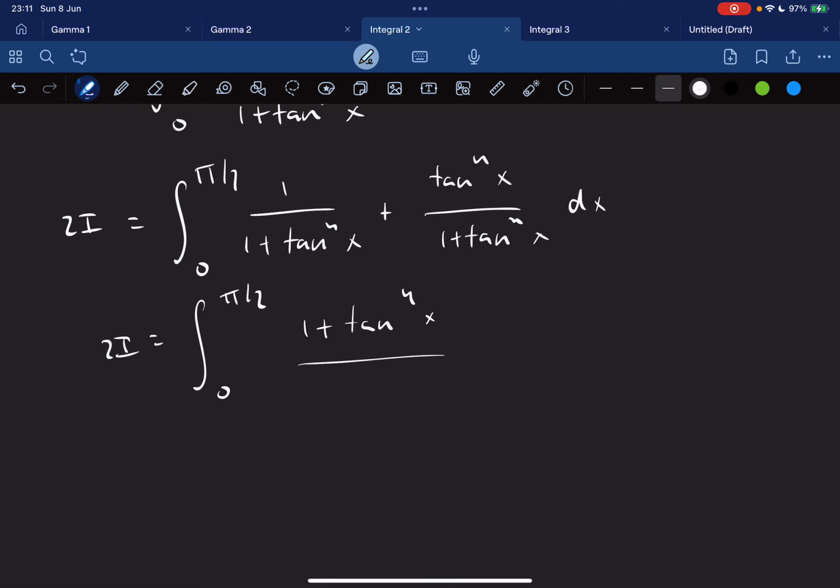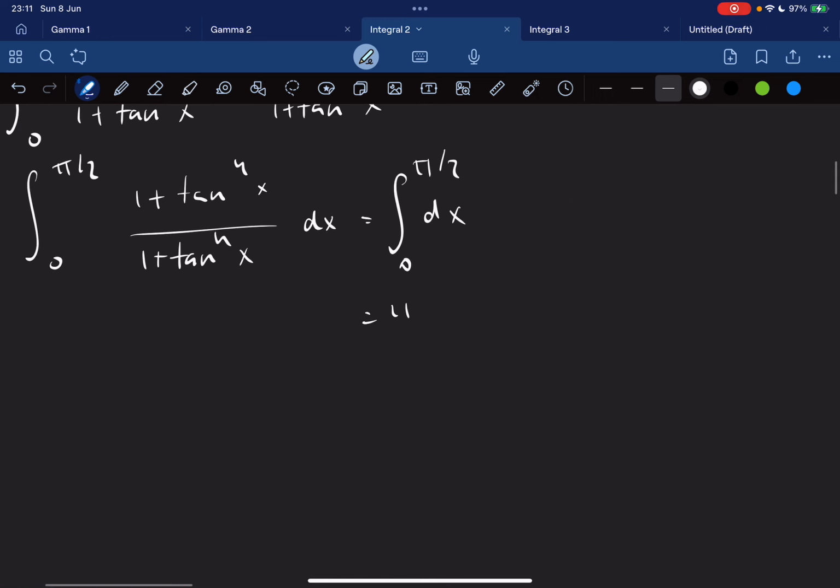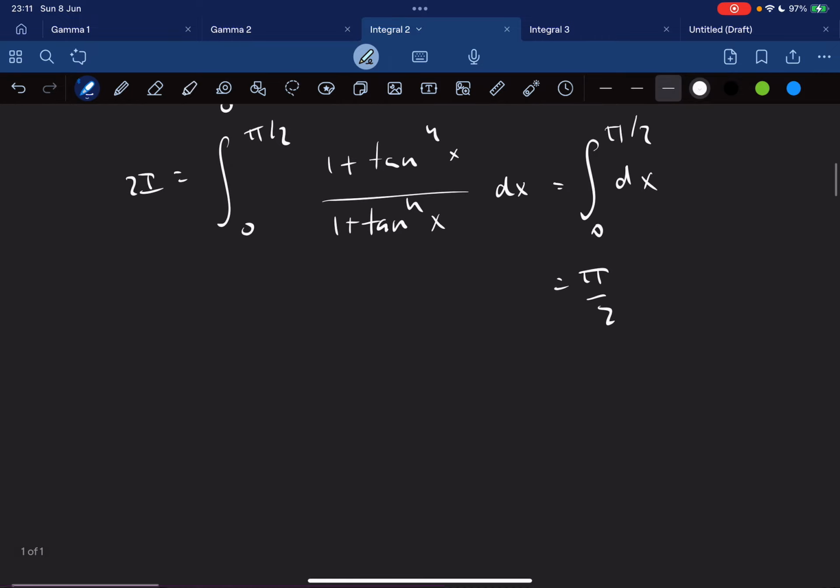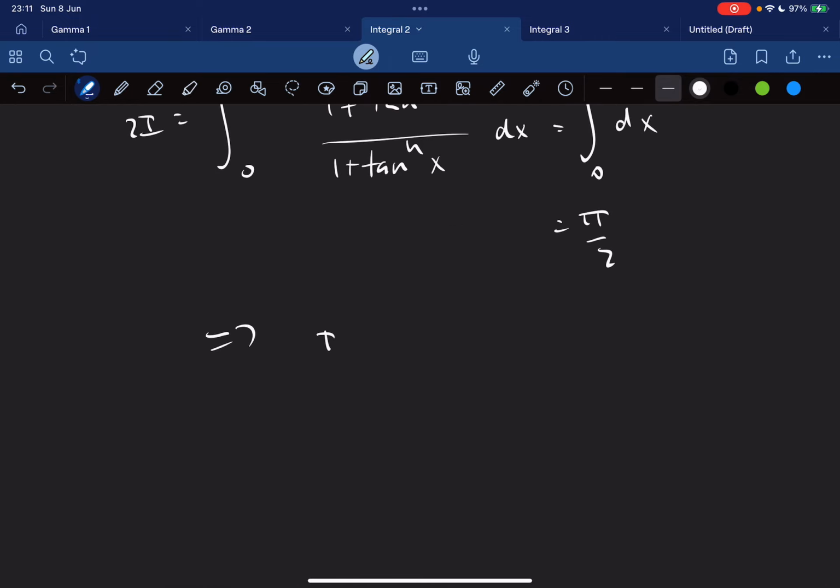It looks super easy, because it is. We just end up with the integral between 0 and pi over 2 of dx, which is just pi by 2. Now, that's 2I. So therefore, the integral is equal to pi by 4.